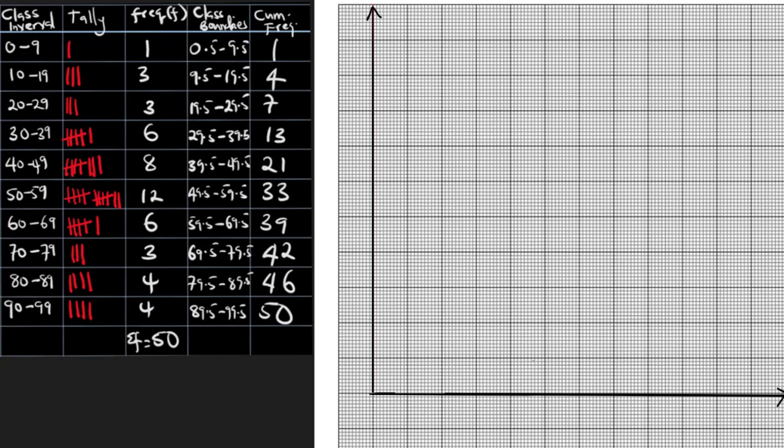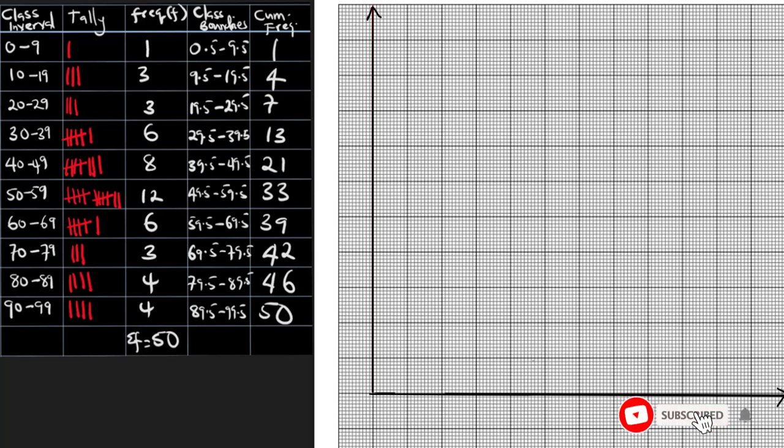So how do we plot a cumulative frequency curve? We use the cumulative frequency and the upper class limit of the class boundaries. Usually the cumulative frequency curve plots the cumulative frequency against the class boundary.